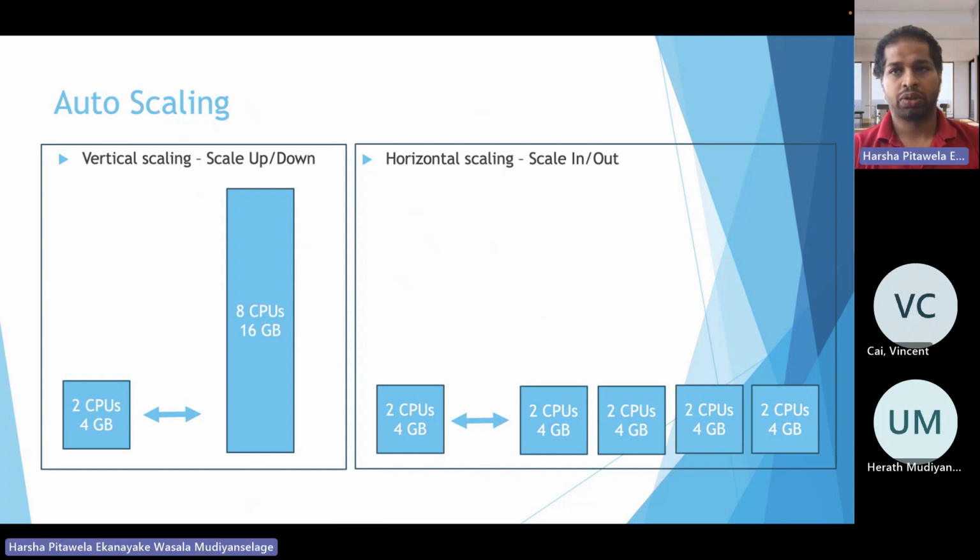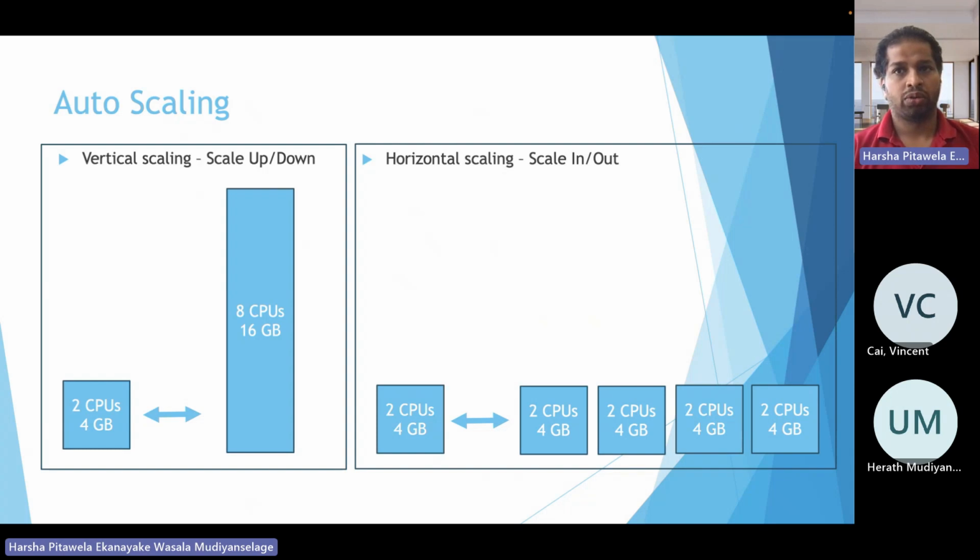So there are two aspects of scaling we need to understand. One is vertical scaling, or scale up and scale down, and then horizontal scaling, which is also called scale in and out. For vertical scaling, imagine you run a T2 micro with a certain CPU and memory, and sometimes your application reaches a bottleneck.